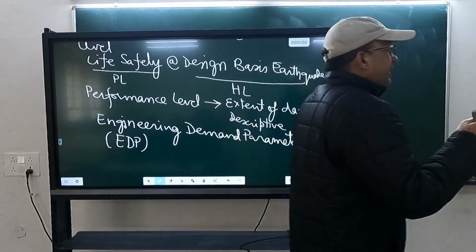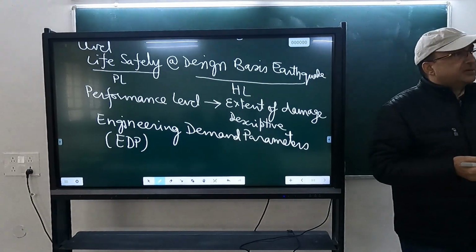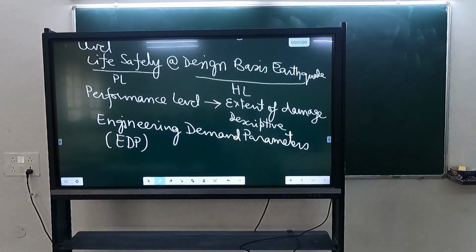Now if you have to quantify damage, let us say in a beam, how will you quantify the damage? One way of quantifying is that you can describe the cracks, what type of cracks are occurring, what is the width of those cracks, where those cracks are located, whether those cracks are flexural cracks or shear cracks, so that you can describe.